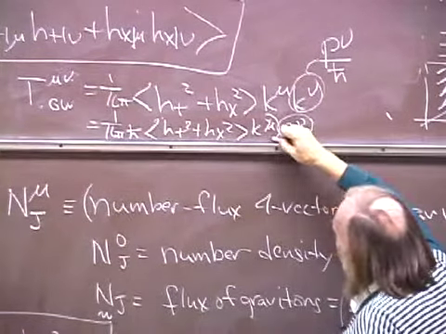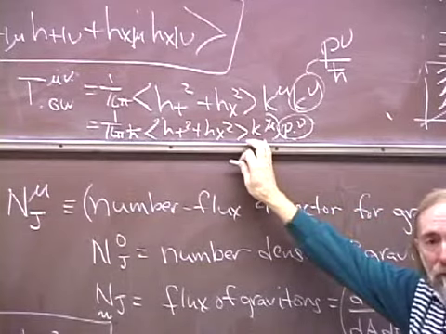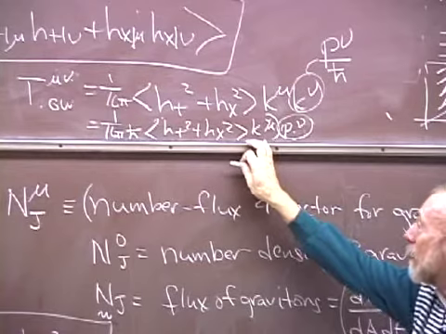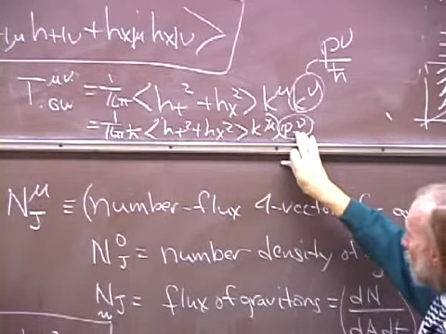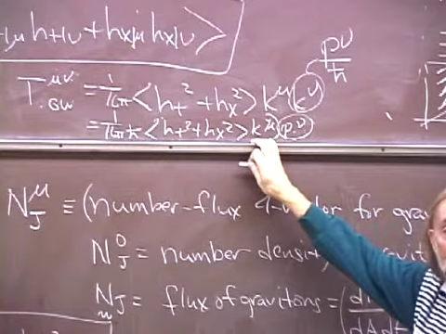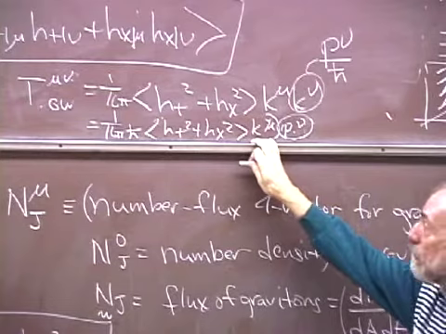And if I multiply the four-momentum of a single graviton by the number flux vector of gravitons, if you think about it, you get the energy momentum tensor. You multiply, for example, the energy of a graviton by the number density of gravitons, you get the energy density of gravitons, which is this time-time component of the stress energy tensor.